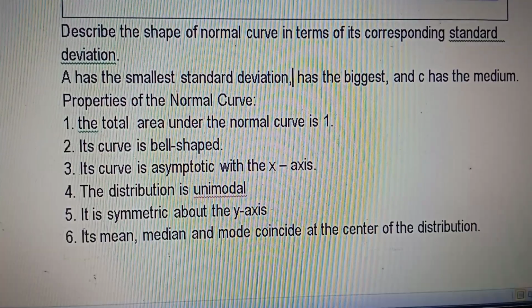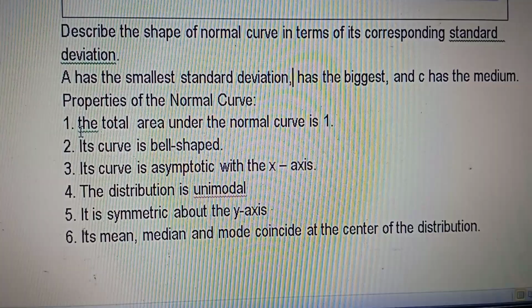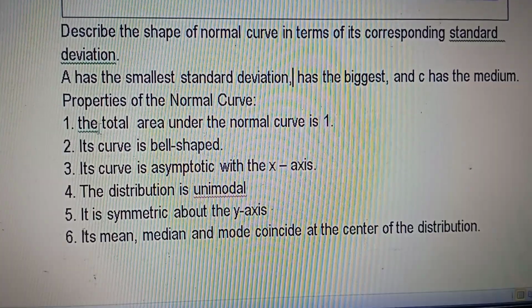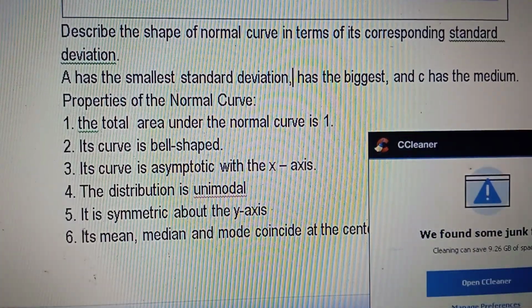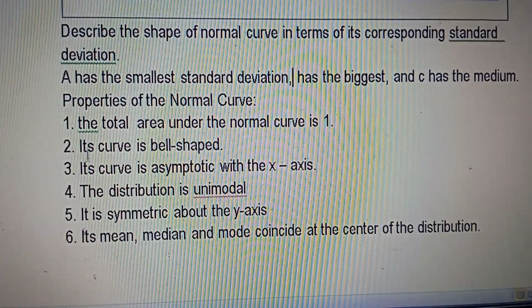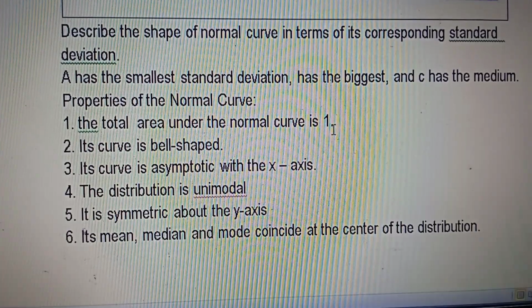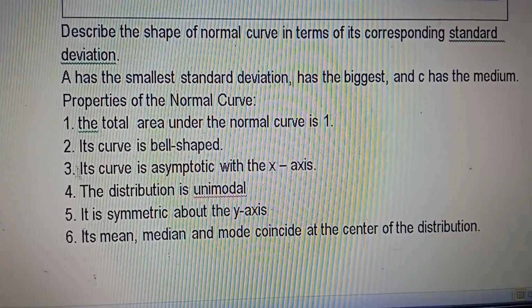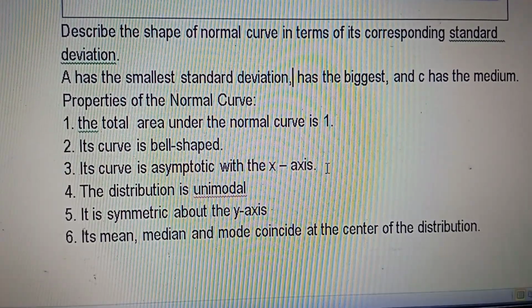Property number 1, the total area under the normal curve is 1, just like in the discrete probability distribution, wherein the total of the probabilities is 1. Number 2, its curve is bell-shaped. Number 3, its curve is asymptotic with the x-axis.